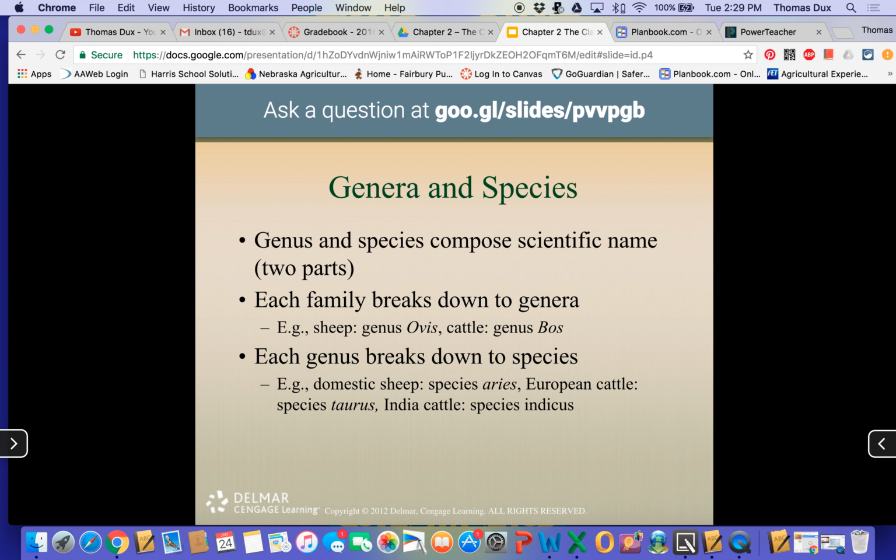The species is never capitalized. Now you need to list the similarities of a cow and a pig, and then a chicken and a honeybee.